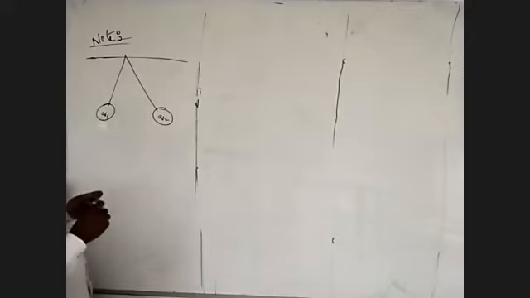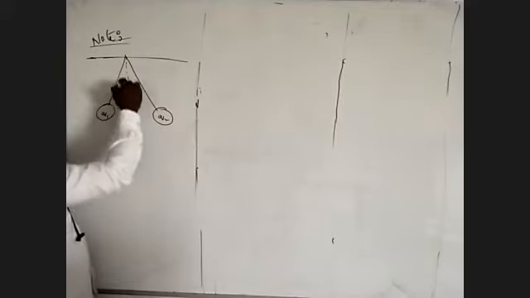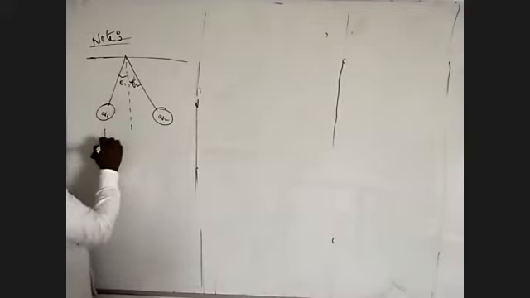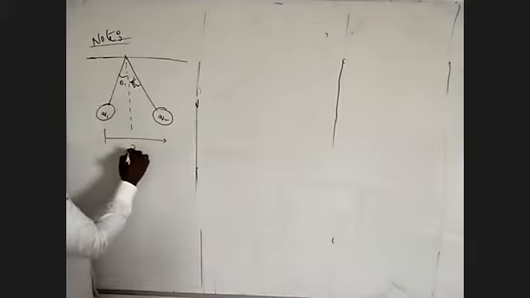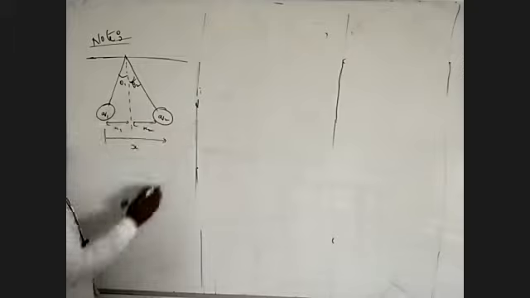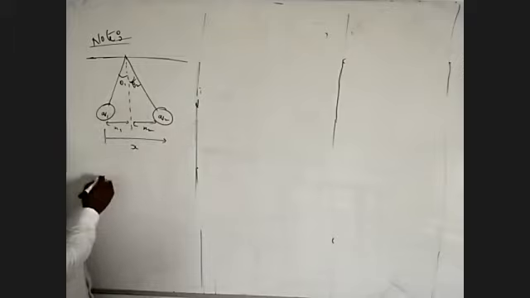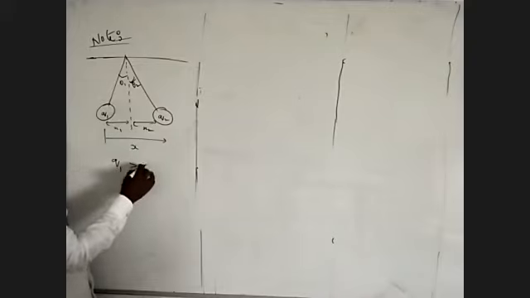Now this angle is theta 1, here angle is theta 2. The distance between the two charges is x. I'm taking this as x1 and this as x2. This is the condition, Q1 less than Q2.